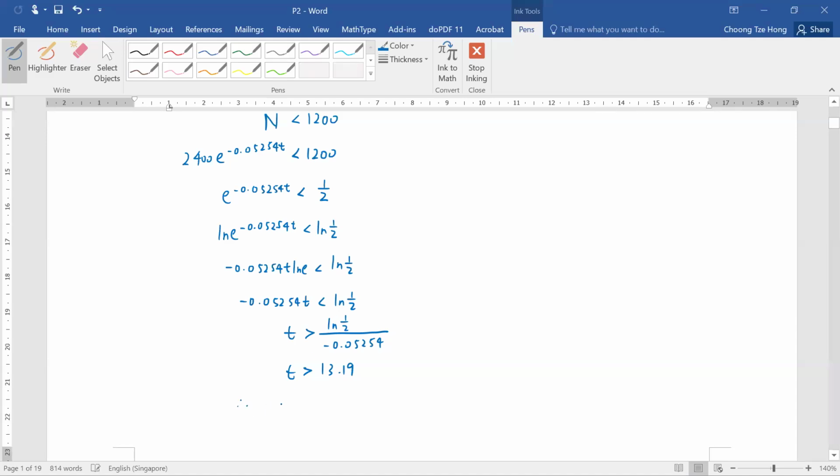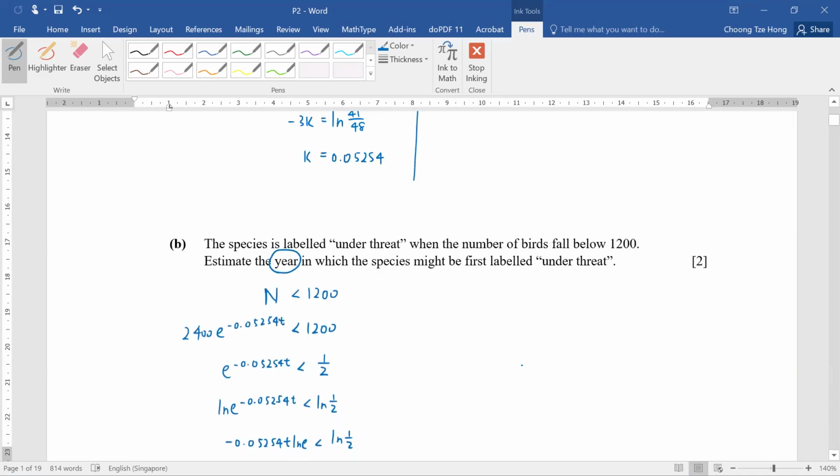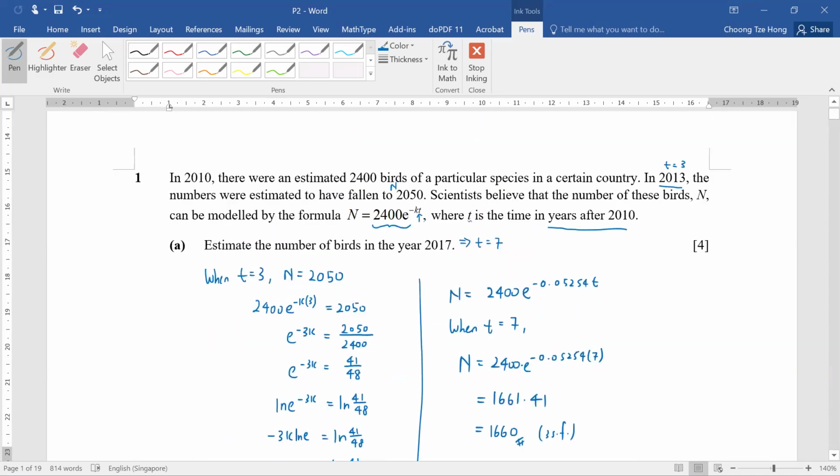So therefore the species is under threat in 2023. Right, so overall still not too difficult a question for the first question in paper 2.